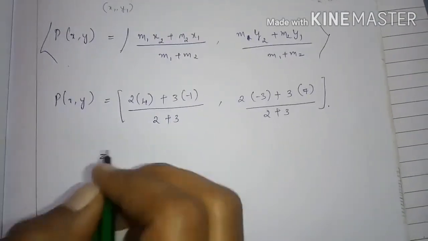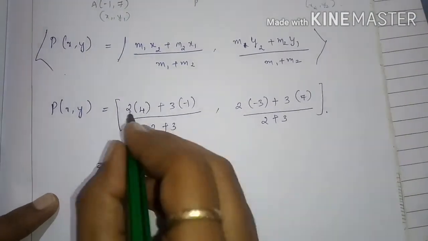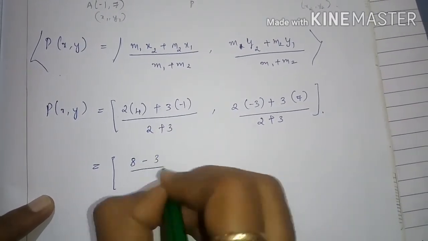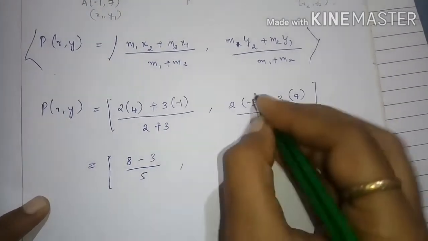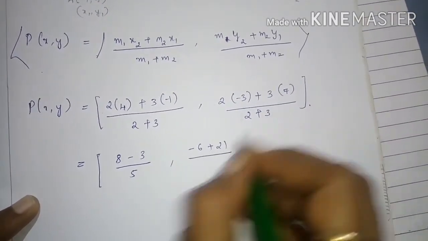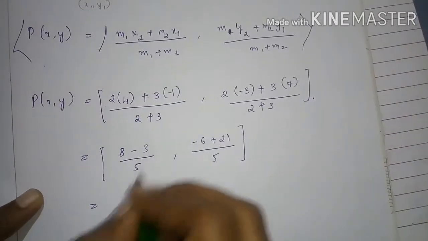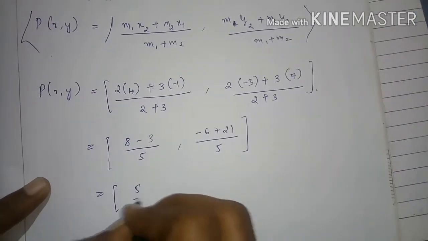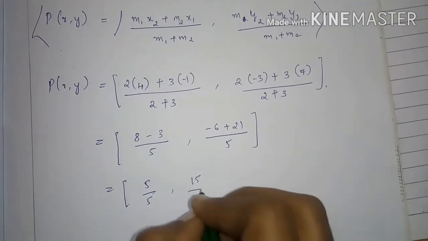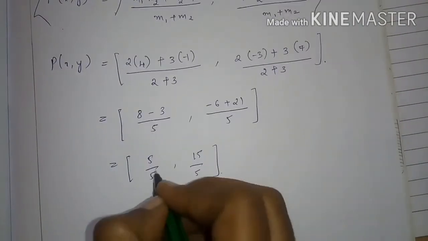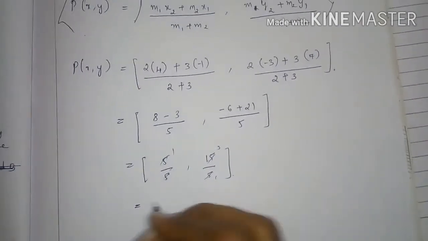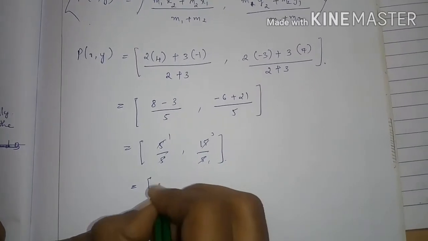That is equal to 2 times 4 is 8, minus 3, divided by 5, comma, 2 times -3 is -6 plus 3 times 7 is 21, divided by 5. 8 minus 3 is 5 divided by 5, comma, 21 minus 6 is 15 divided by 5. This simplifies to (1, 3).